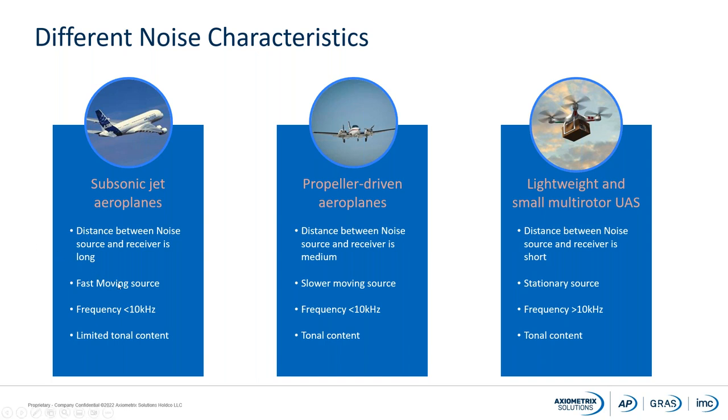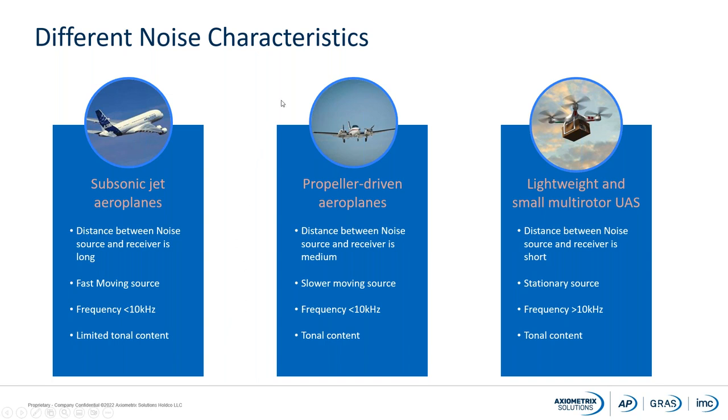They are fast moving, so the noise source is fast moving. The frequency content is below 10 kilohertz, and the reason is that, over a fairly long distance, the air between the aircraft and the receiver dampens the high frequencies. There is also limited tonal content for subsonic jet airplanes.